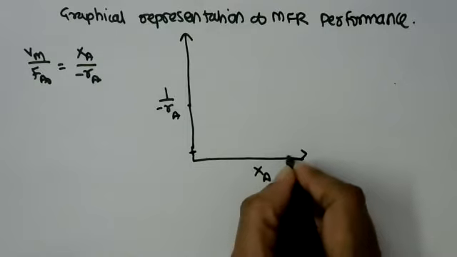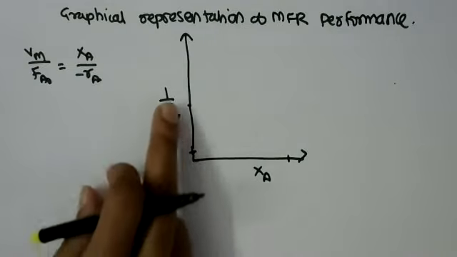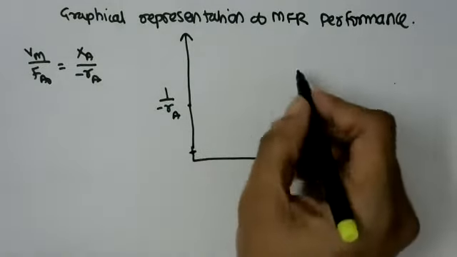However, when the conversion is maximum, it means that most of the limiting reactant has reacted, that is, disappeared. And if that is the case, then the rate of reaction will be less. And if minus Ra is less, 1 upon minus Ra will be more.